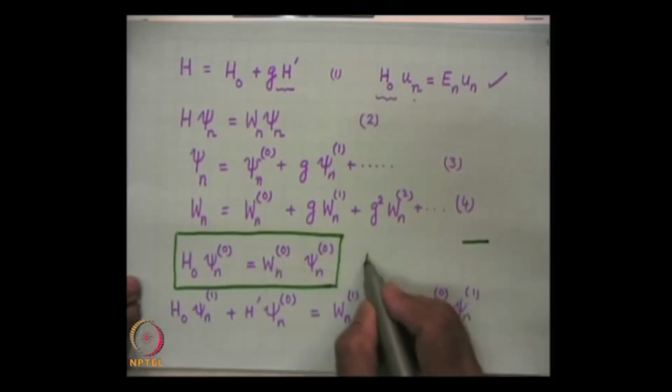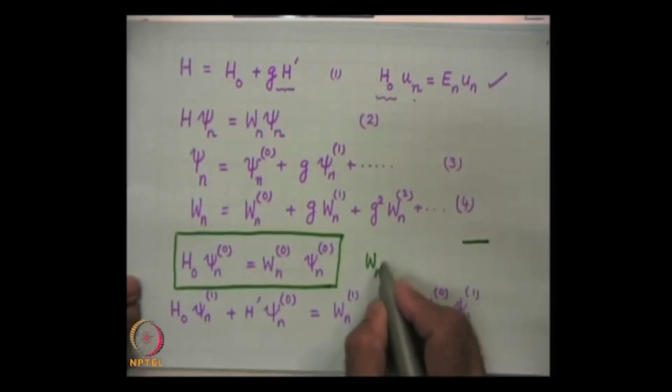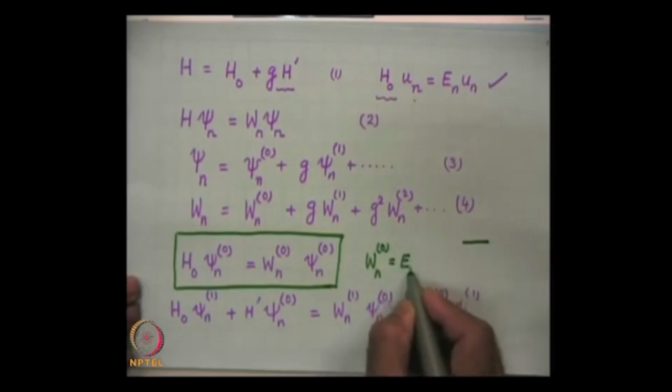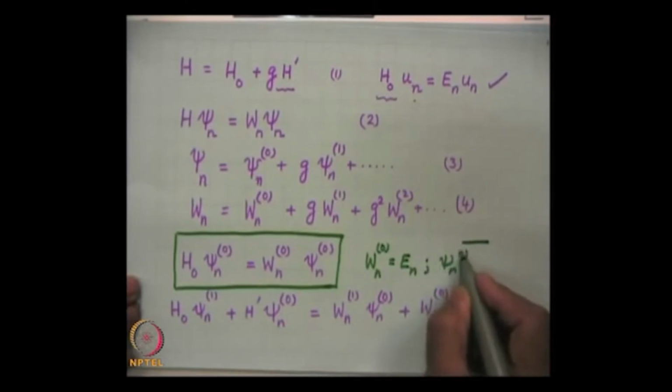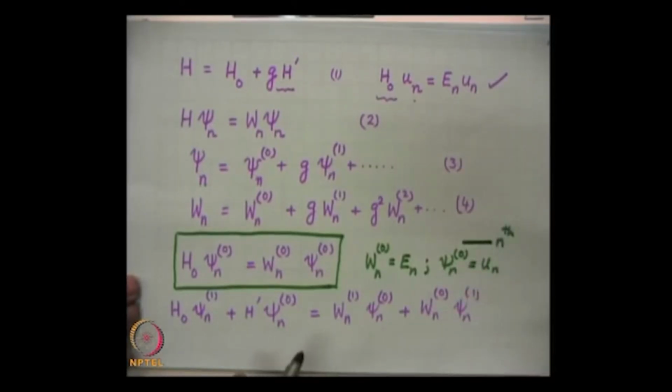Then, if we consider the perturbation to the nth state, W n 0 will be equal to E sub n, and psi n 0 will be equal to u n, because there is only one wave function associated with the nth state.